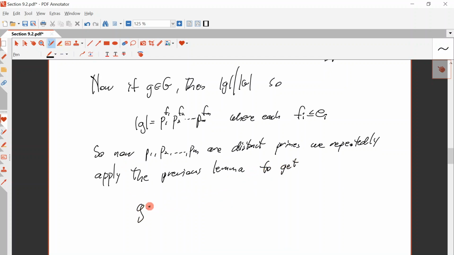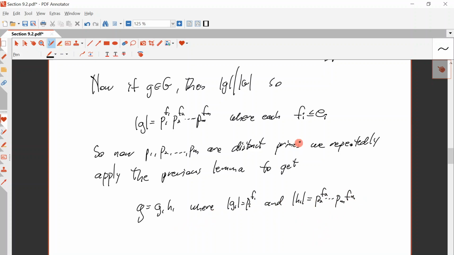To get that G is equal to G1 H1, where the order of G1 is P1 to the F1, and the order of H1 is equal to P2 to the F2, Pm to the Fm, right?